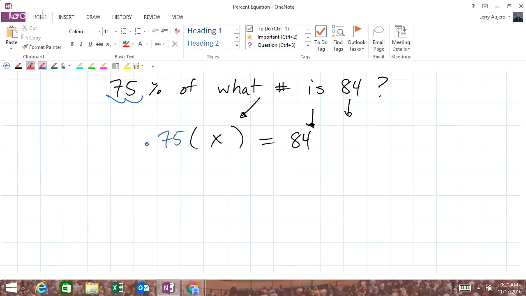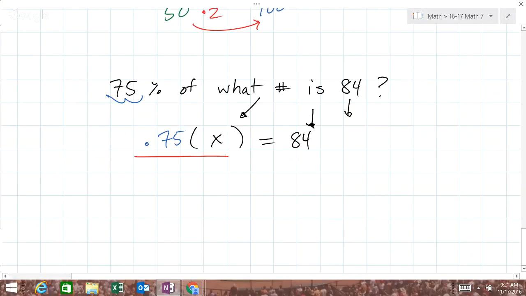Zoe? Yeah, we're going to divide 0.75 to both sides. Okay, so there's our giant 1, isn't it? So we get 1x. X always wants to be by itself with a 1 in front, right? Okay, here we go. Can we enter it into the calculator correct?